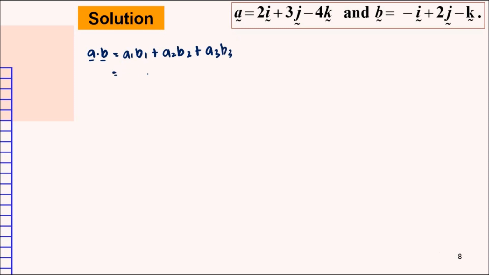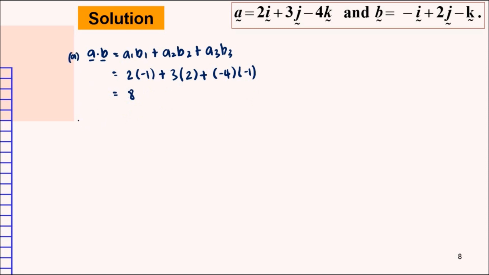Our A1 is 2, so we have 2 times negative 1, B1 is negative 1, plus 3 times 2, and then plus negative 4 times negative 1. If you simplify this, that is equal to 8. That is for part A.